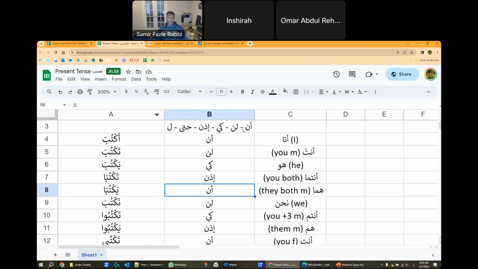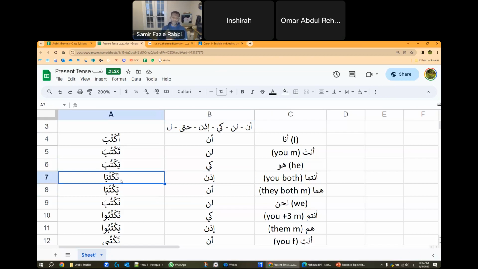or it could have been any one of these six up top, then it'll become taktuba instead of taktubani. If there's nothing there, it'll be taktubani. If I put any of those six letters here, it'll be taktuba. Or if I put lam, la as a command, or in as a condition, it'll also be taktuba.